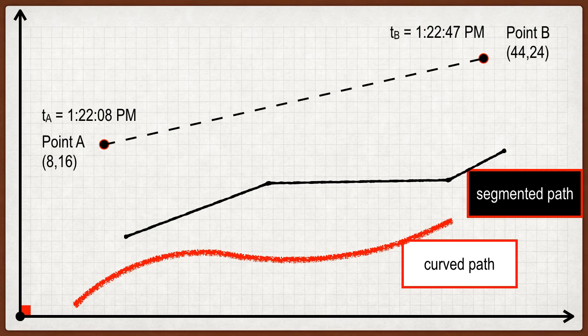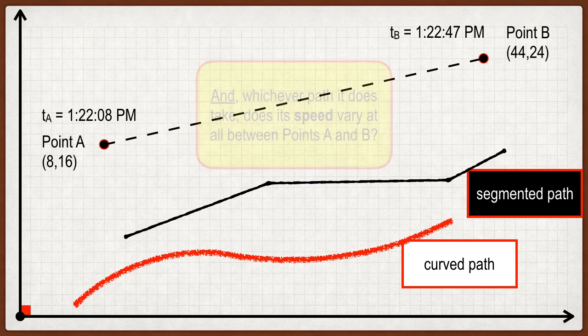What's the elapsed time? 39 seconds. So your elapsed time is t subscript b, the time at location B, minus the clock reading at point A, whatever that was, and it's 1:22:08. So the difference is 39 seconds.